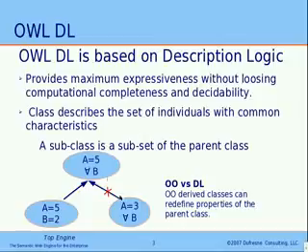For example, if you have a class that is defined as the set of all of the individuals for which a property A equals 5 and a property B has any value, then a subclass in description logic can be defined as the subset of this set for which all the individuals have a value of B equal to 2. The subclass must fulfill all of the axioms of the base class, in this case A equal to 5.